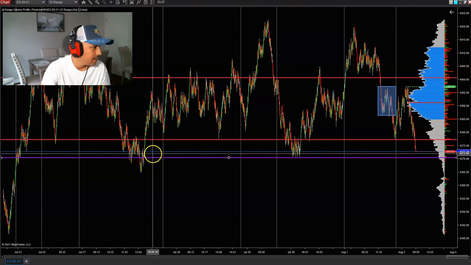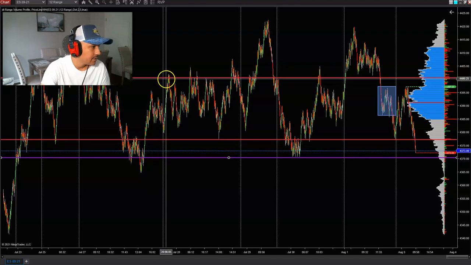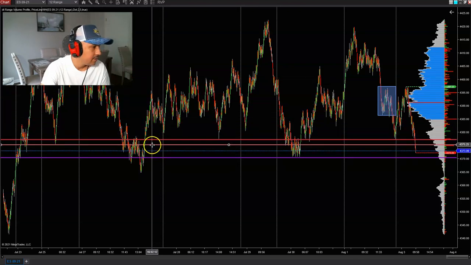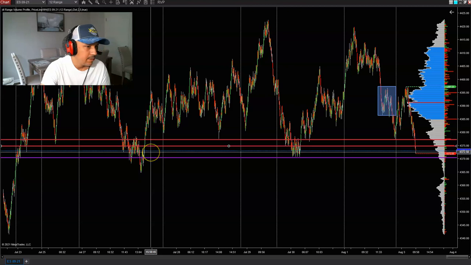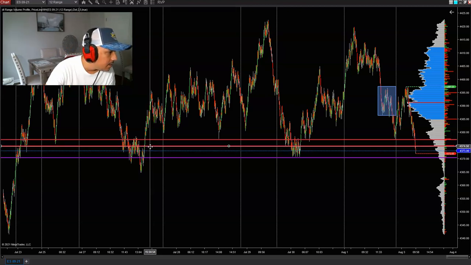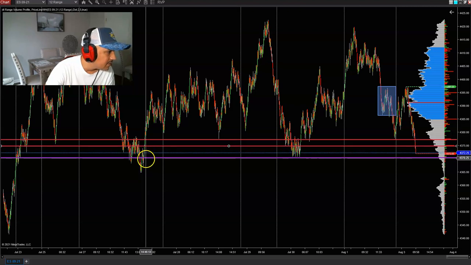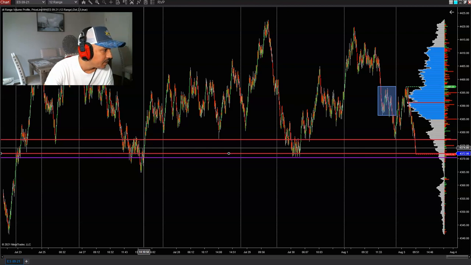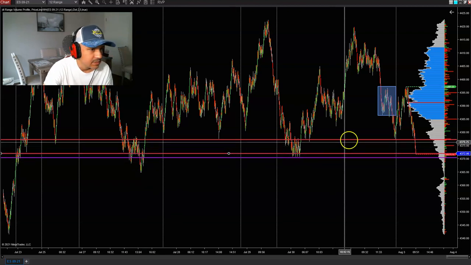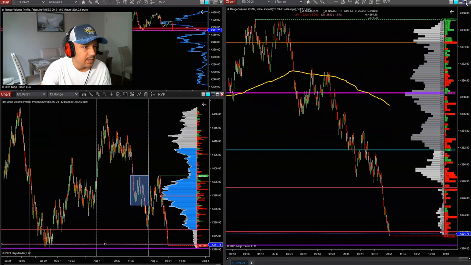And there is a level right here. Oh no, we got another level too, though. Here's a level right here. Didn't see that level. So there's a level right here where price is at now, and it can bounce.